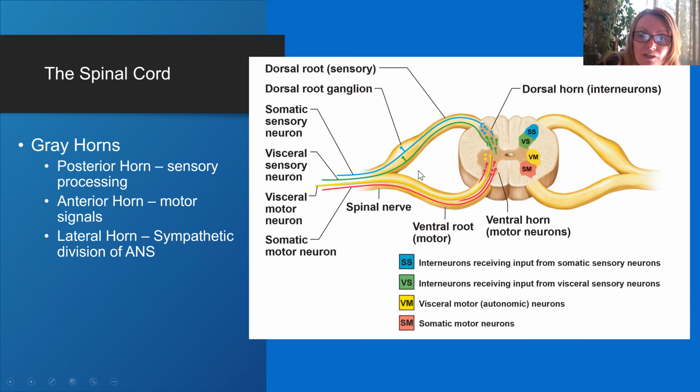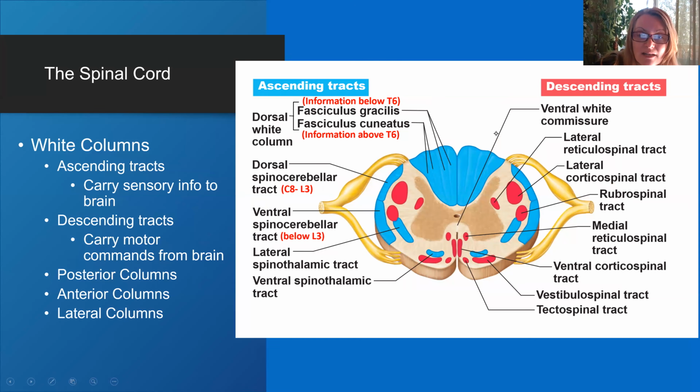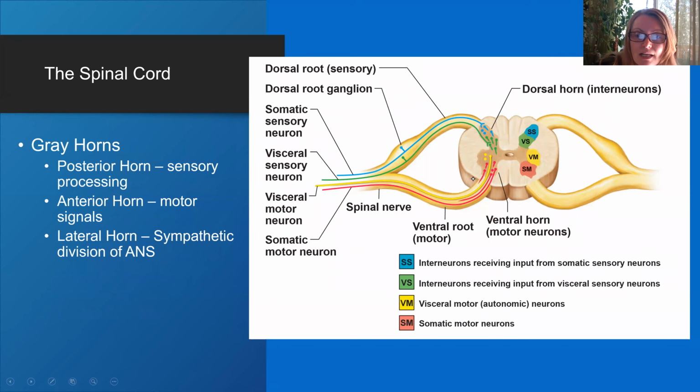Now, if you see here the green and blue dots, they represent sensory information. So the sensory information coming from the periphery, right, through your spinal nerve, towards your spinal cord, through the dorsal root. You see how this dorsal root has these blue and green fibers.